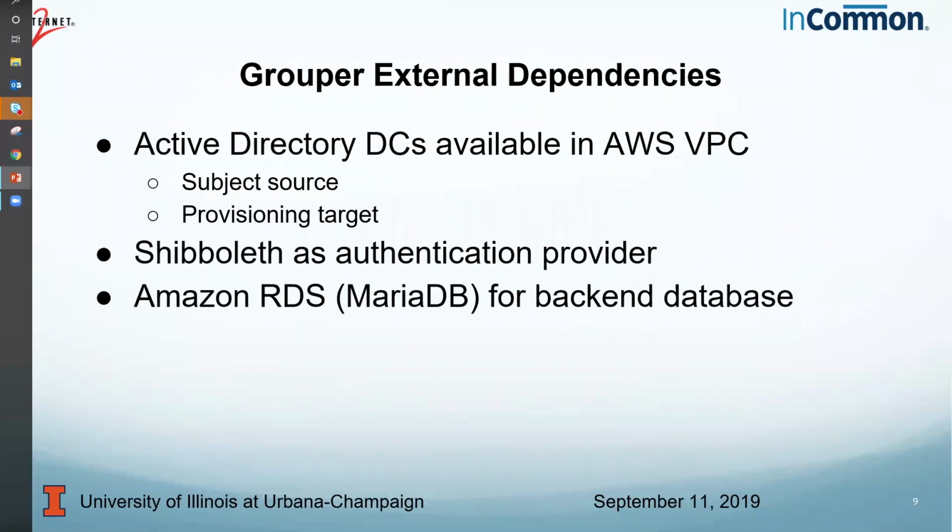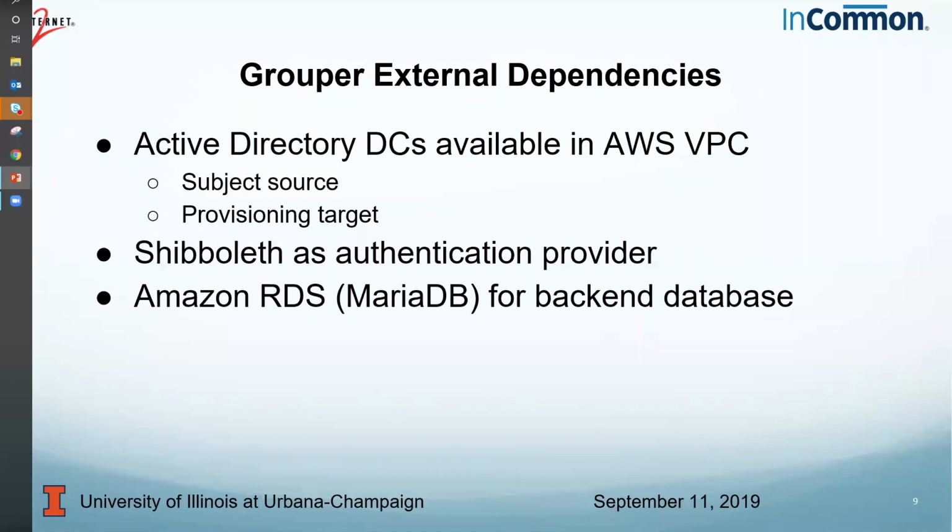So external dependencies are pretty simple too. We basically use our on-premise, on-campus Active Directory as our subject source for the people for Grouper, as well as the provisioning target for some groups. But we do have domain controllers available in AWS in a separate VPC that is peered with the VPC that's hosting Grouper.